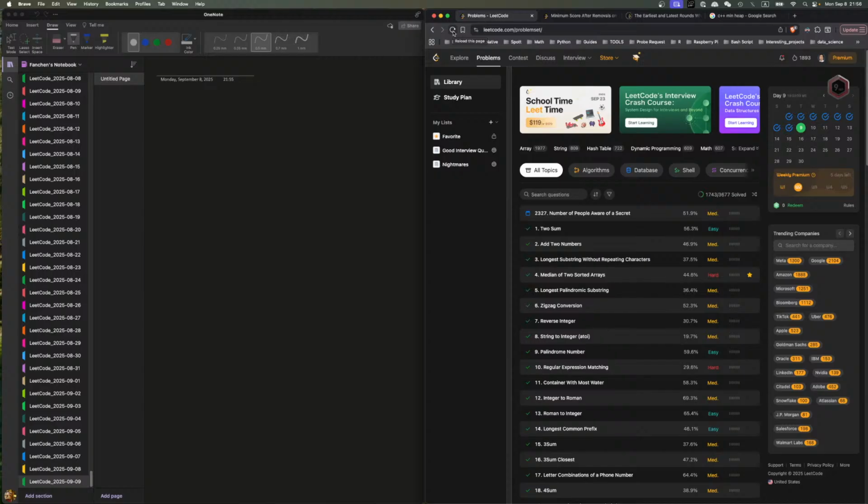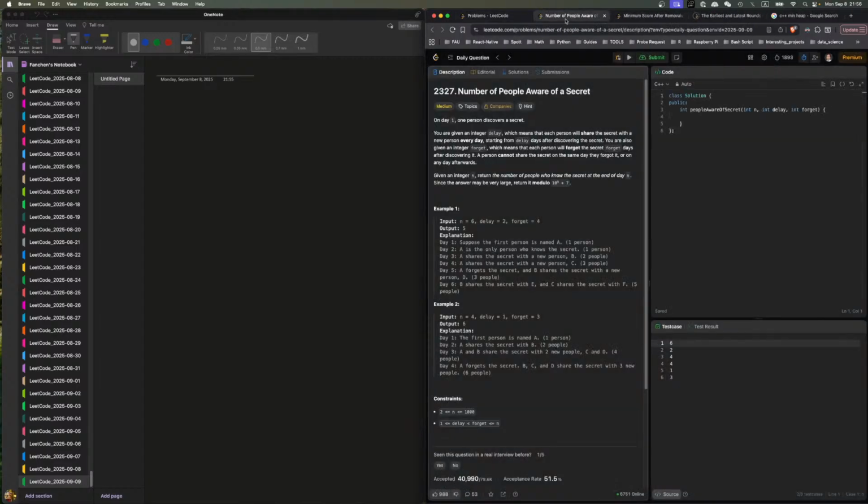Number of people aware of a secret. On day 1, one person discovers a secret. You are given an integer delay, which means that each person will share the secret with a new person every day, starting from delay days after discovering the secret.